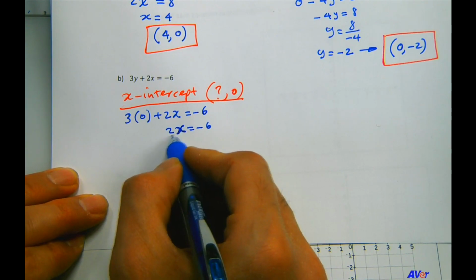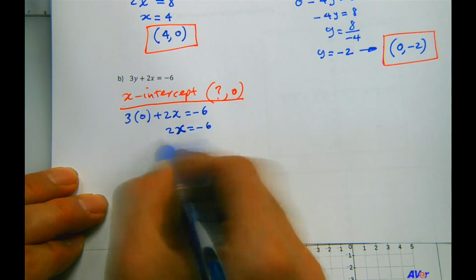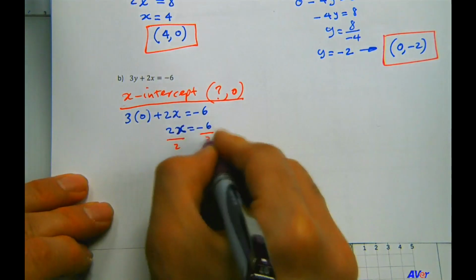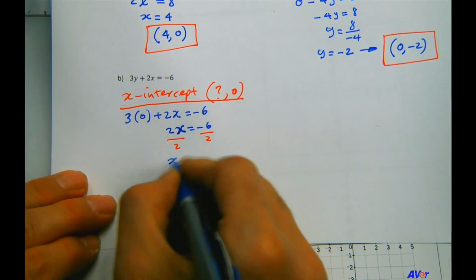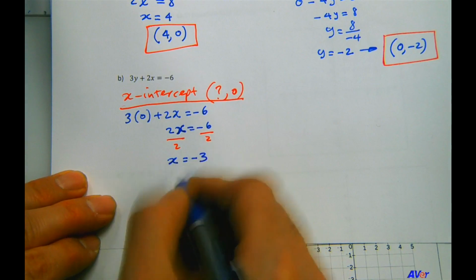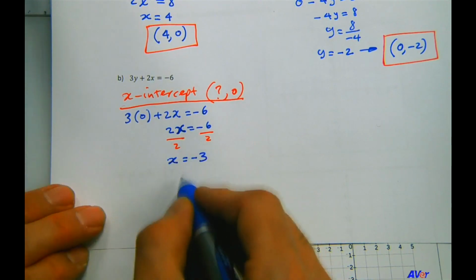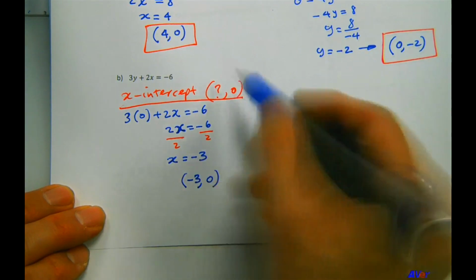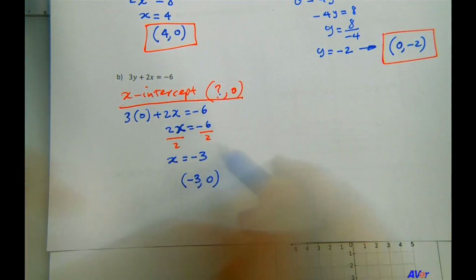It's got a 2 right next to it. So how do we get rid of this 2? We divide both sides by 2. We end up with x equals minus 3. So what is the x-intercept? The x-intercept is (-3, 0). So we figured out that that question mark is negative 3.